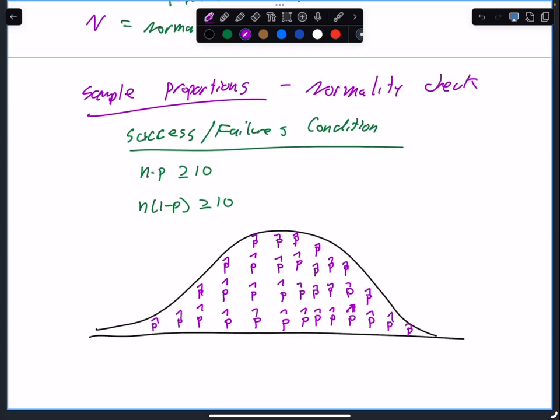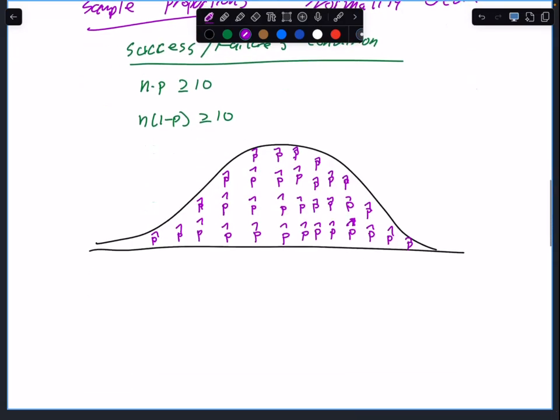When I graph all of the sample proportions, we call this the sampling distribution of the sample proportion.